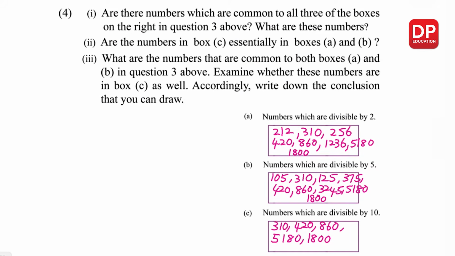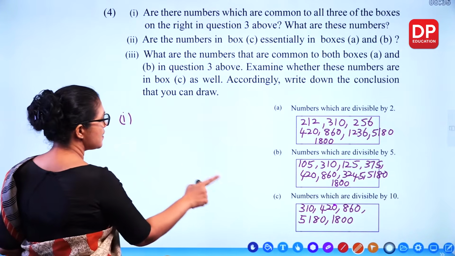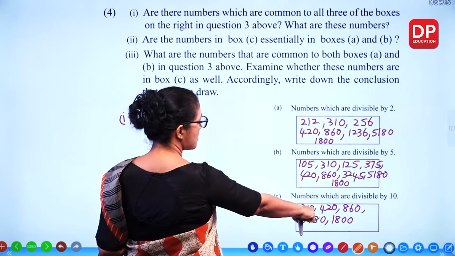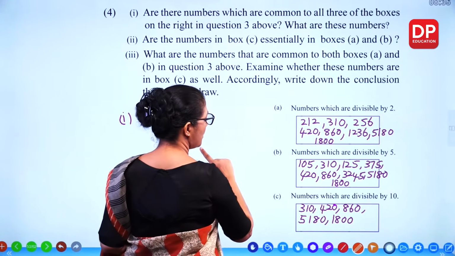Now look at the same question. Are there numbers which are common to all three of the boxes on the right in question 3 above? What are these numbers? So look carefully. We see all these numbers in this box are here as well.